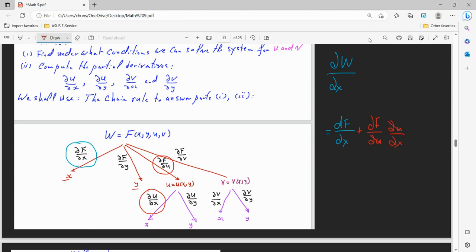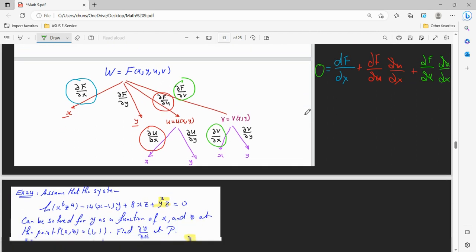You can see that the du is going to cancel to give df over dx. And then this would be added to another one where our dx lives in the bottom. Then we would use those two, df over dv and dv over dx, and the dv is going to cancel out, and this would be equal to 0. So that's how you can use the chain rule tree to do implicit differentiation.